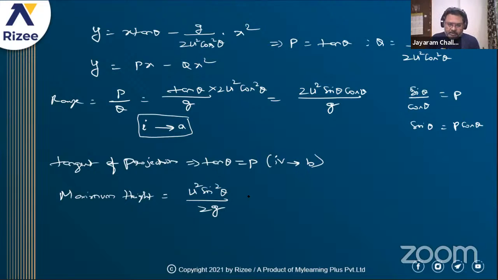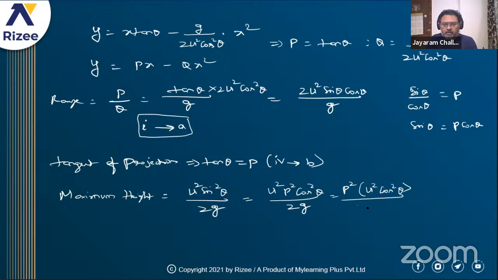So if I replace here, h maximum is equal to u square into p square cos square theta by 2g. Or else let me take this one as p square into u square cos square theta by 2g. From this relationship, u square cos square theta can be replaced with g by 2q.